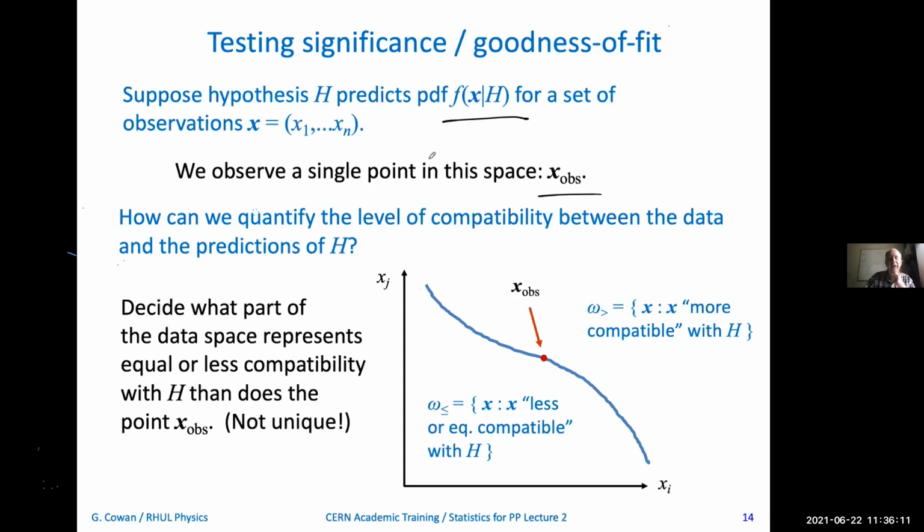So although I haven't explicitly named an alternative to H, some H prime, I do have to have in mind some alternative in order to give meaning to the statement that the points here on the lower left are less compatible with H. That has to mean more compatible with some alternative.